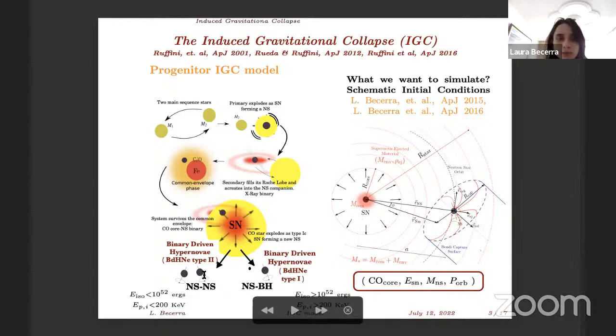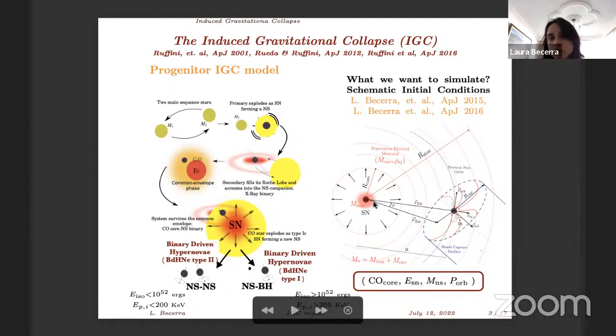What I'm going to show you is the simulation of the last phase of the system, which is the expansion of the material of the supernova and the accretion on the neutron star. We're going to simulate this scenario and make an initial parameter study to see in what conditions it is possible for the neutron star companion, or the remnant from the collapse of the carbon-oxygen core, to collapse into a black hole.